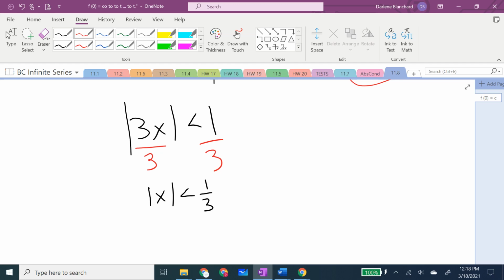So what you want to be aware of is when you have in your absolute values a 1 times x, an understood times 1 out there. You can have plus a number, minus a number. But once it is x times 1, there's your radius right there on the other side.